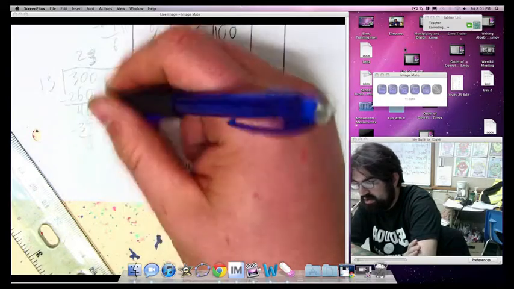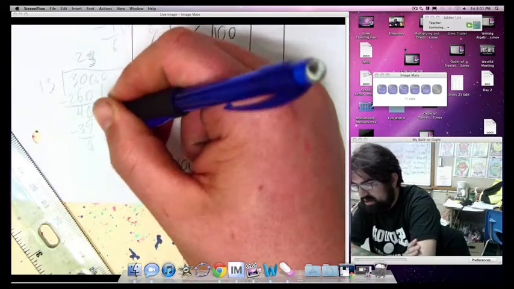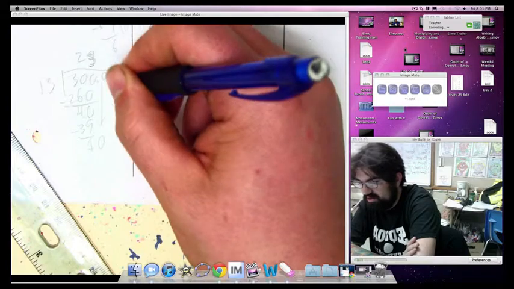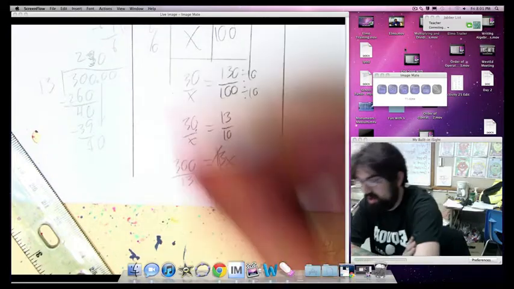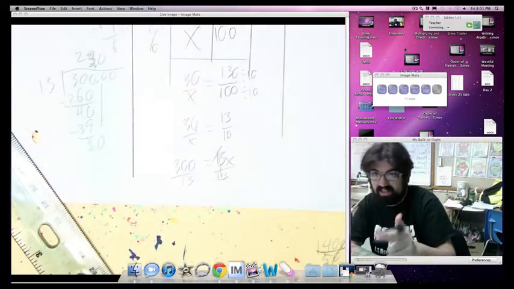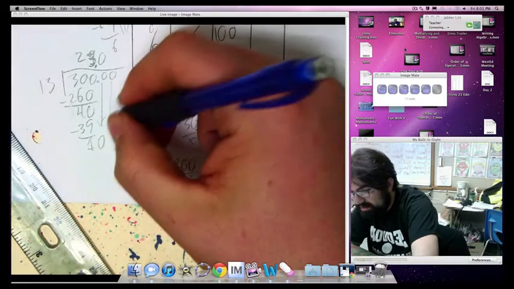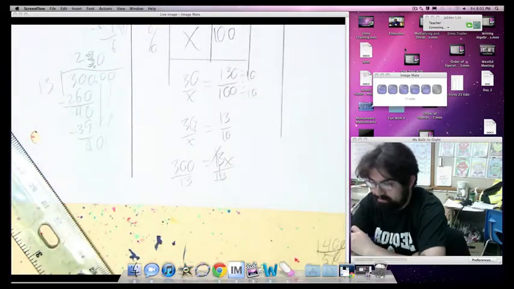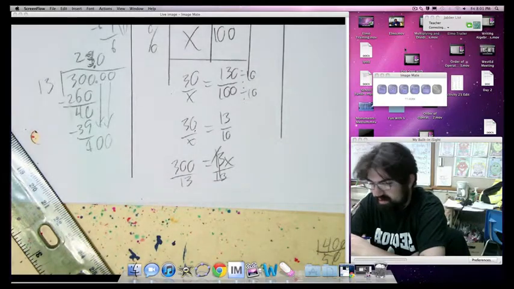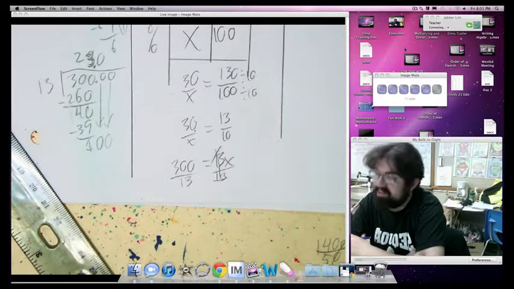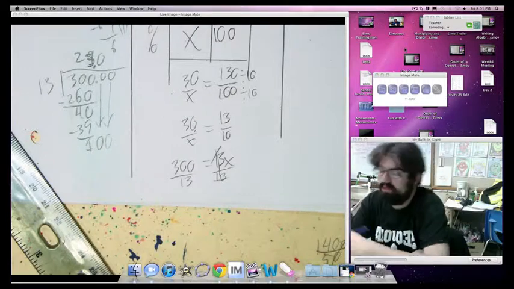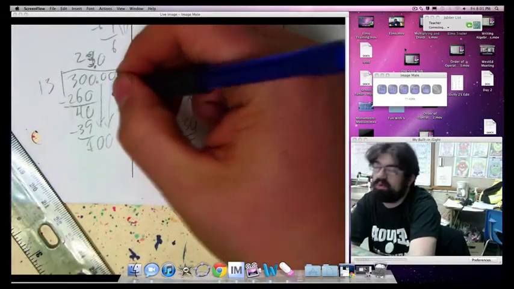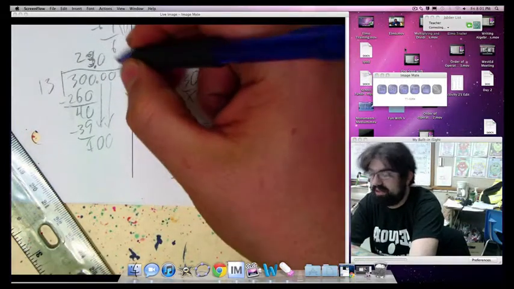This is a 1. Let's go for 1 decimal place. Don't forget that 0 and decimal. Let's drop down another 0. 13 goes into that. We get 52 if we got 4, so it has to be 4, but that would be 104, so it has to be 7.